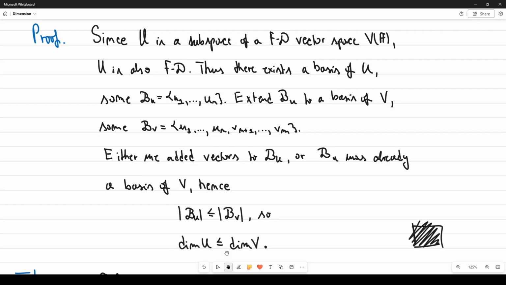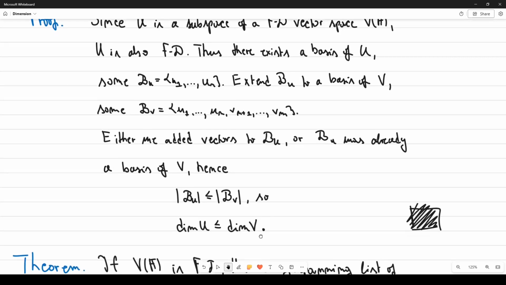So the dimension of U is less than or equal to the dimension of V. So this is a basis of U, and to get to a basis of V, either it's already a basis of V, or I have to add some vectors until I get a basis of V. So this length is less than or equal to this.